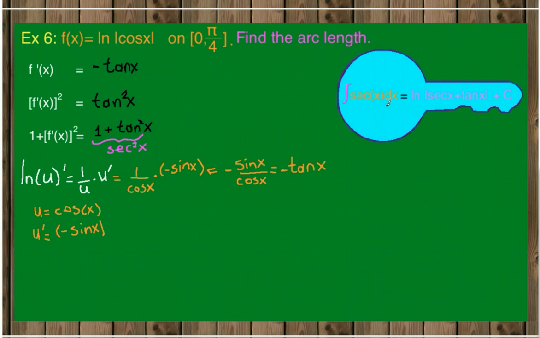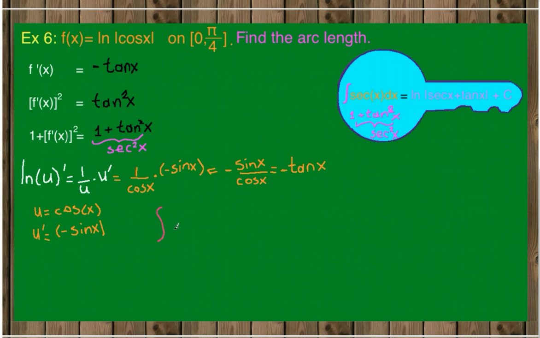We can add it here in our key. This is the Pythagorean identity.